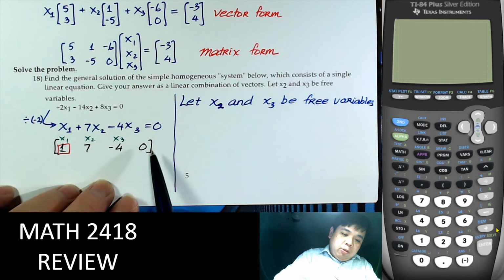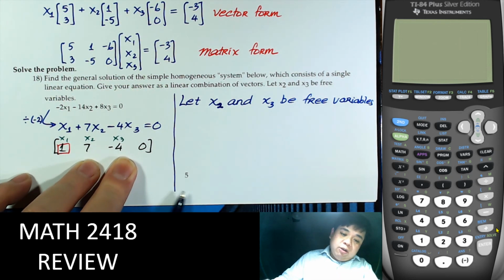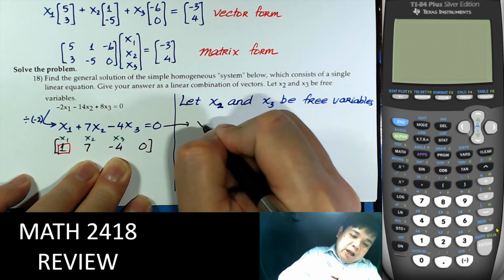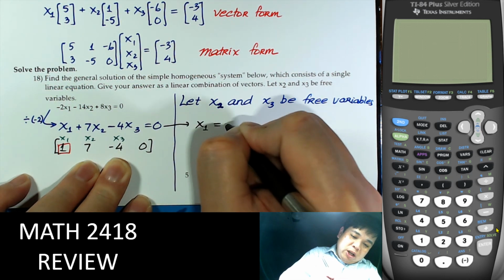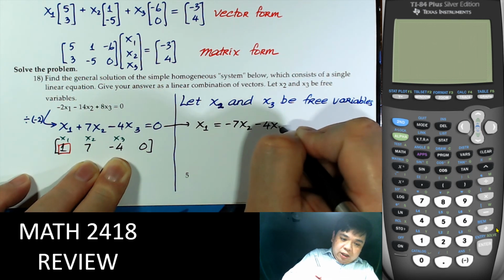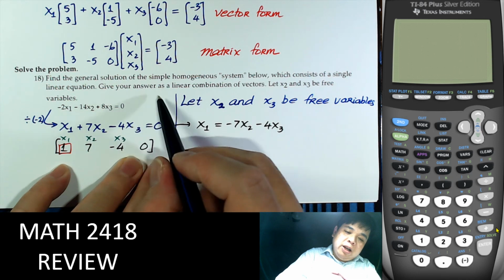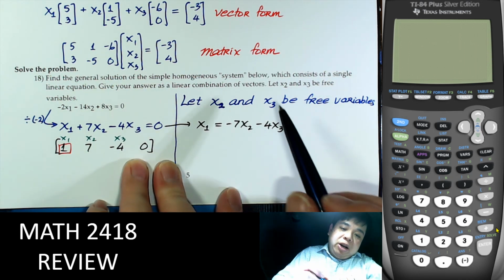From this row, what we get is x1 equal to -7x2 minus 4x3. So the solution is given as a combination of vectors.